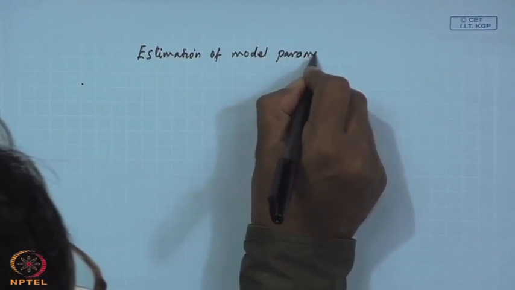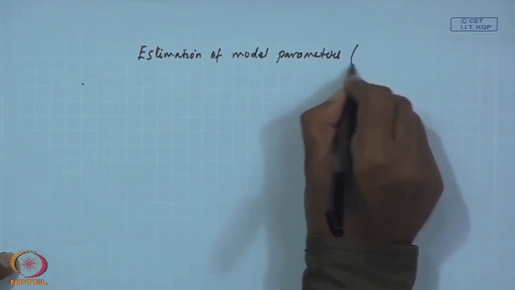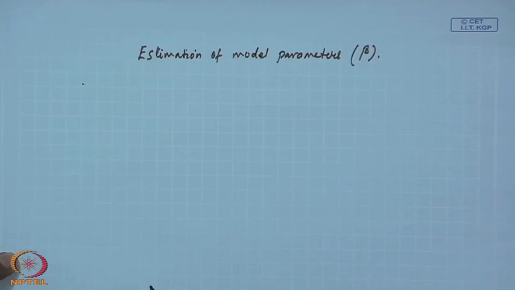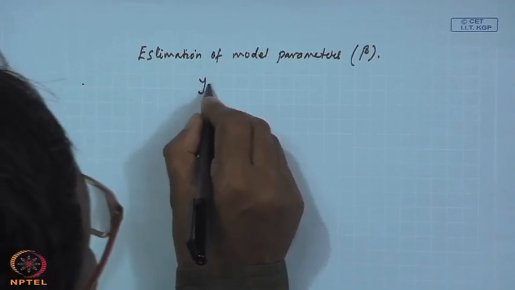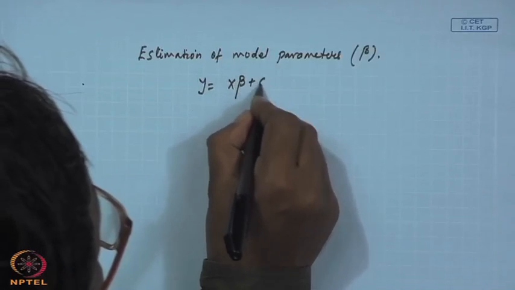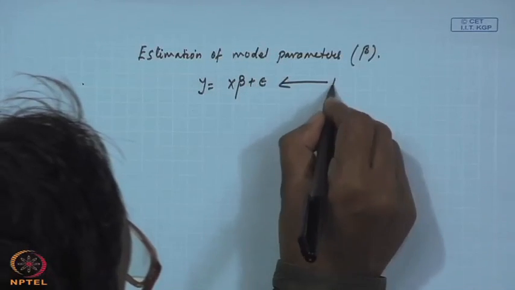We are talking about how to estimate beta, where y is X beta plus epsilon. This is my MLR.